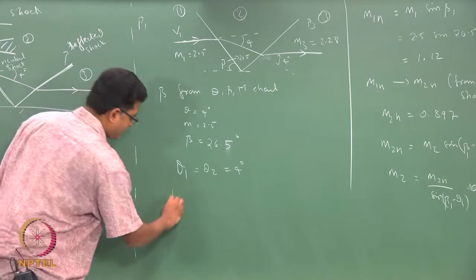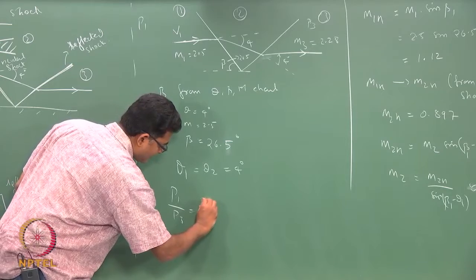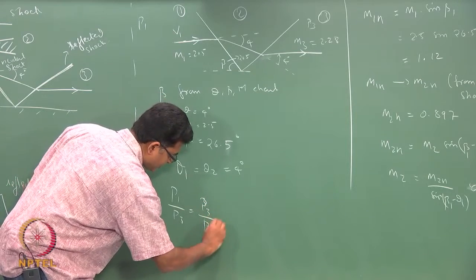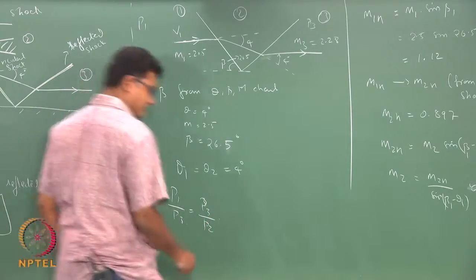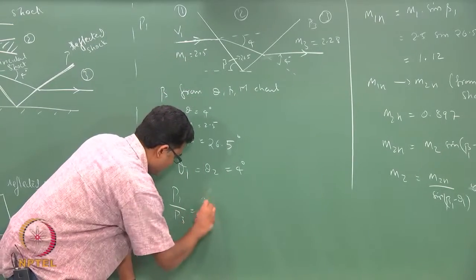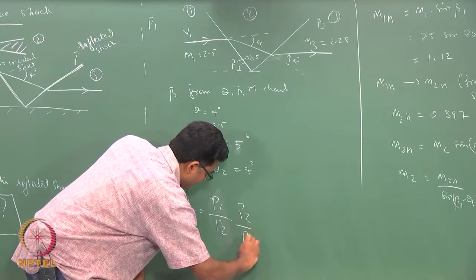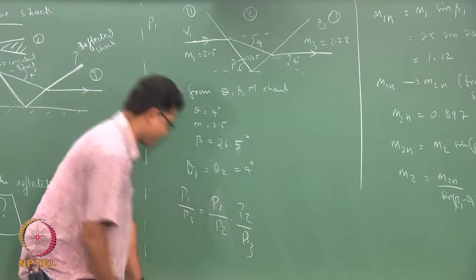So, I can find P3 by P1 as P3 by P2 into P2 by P1. Okay.